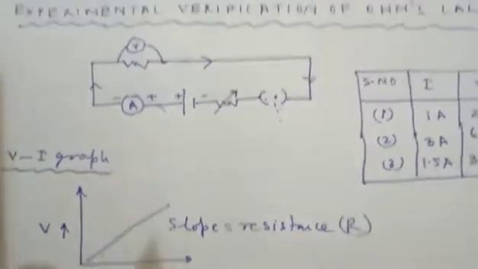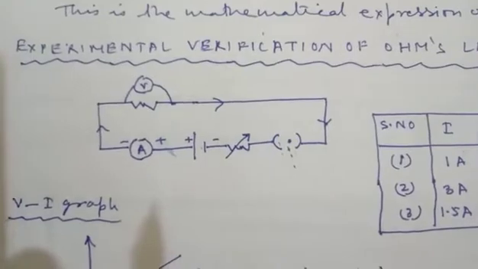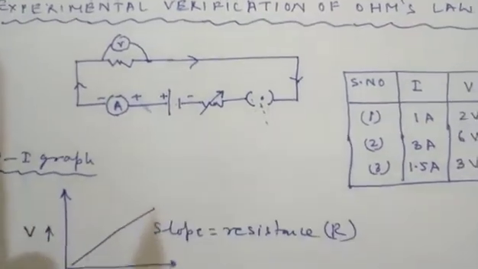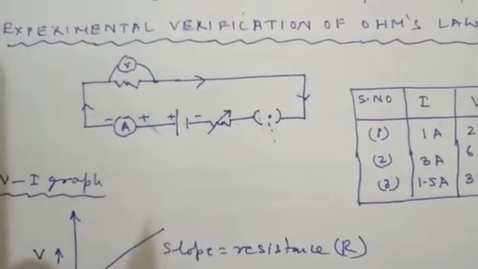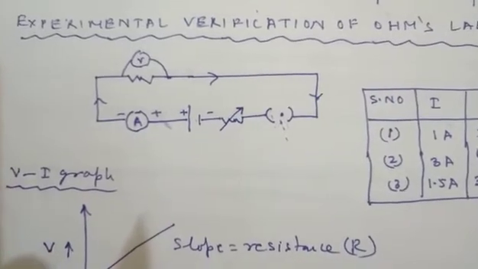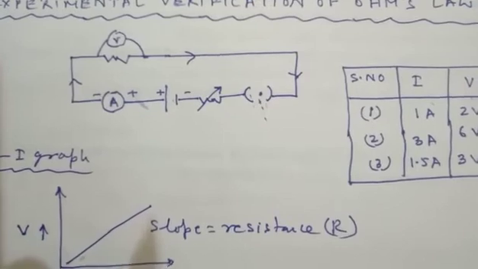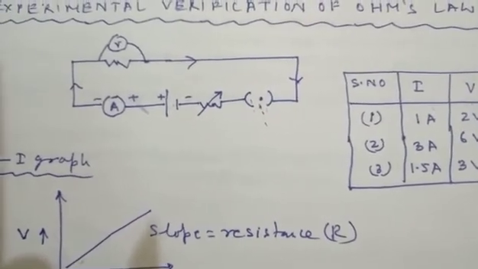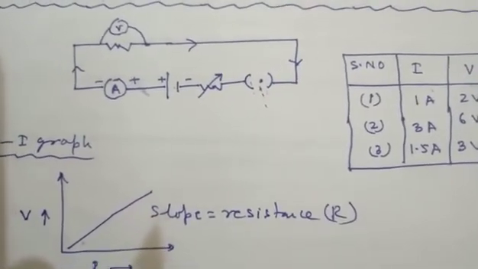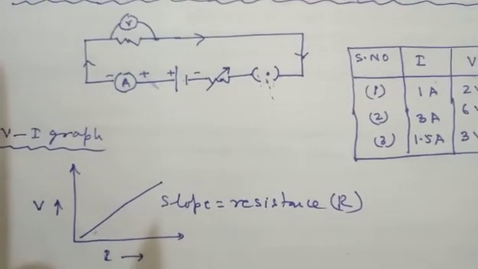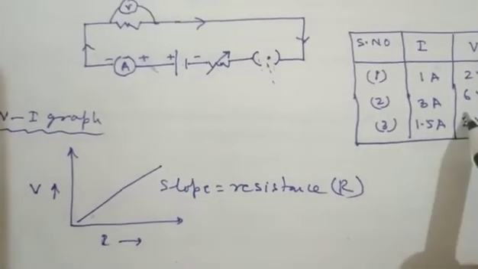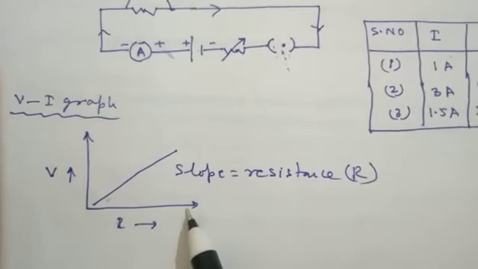This part of the question has to be explained properly by you. In the given assignment, you have to write in your own words the experiment which I have just explained, and then give the table and the graph in this way.